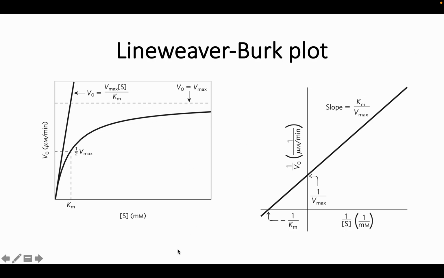This can be fitted to a linear graph with the intercept 1 by Vmax, and the slope will give us Km by Vmax. This plot is known as the Lineweaver-Burk plot. It is very useful in studying enzyme kinetics and gives easy measurements.